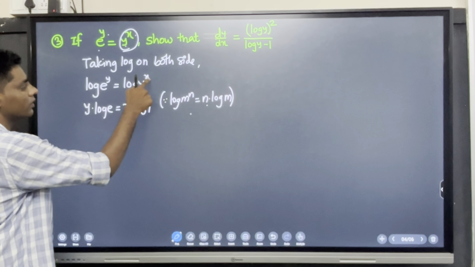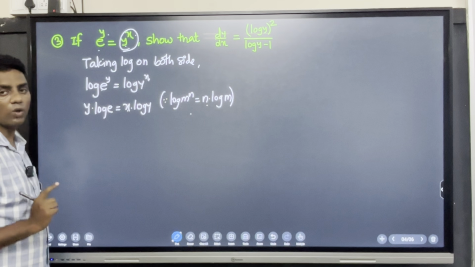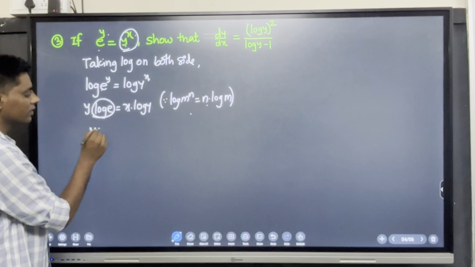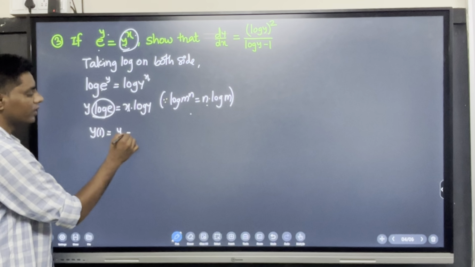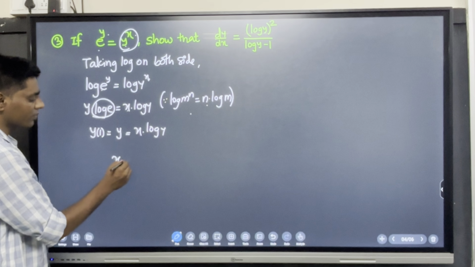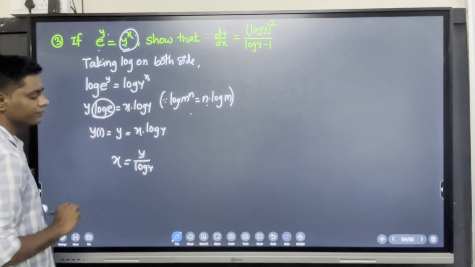Simple. Exponent or power becomes multiplication. That is the log property. And what is the value of log of e? 1. So y into 1, that is y, equals x into log of y. So from here we can write x equals y divided by log of y.